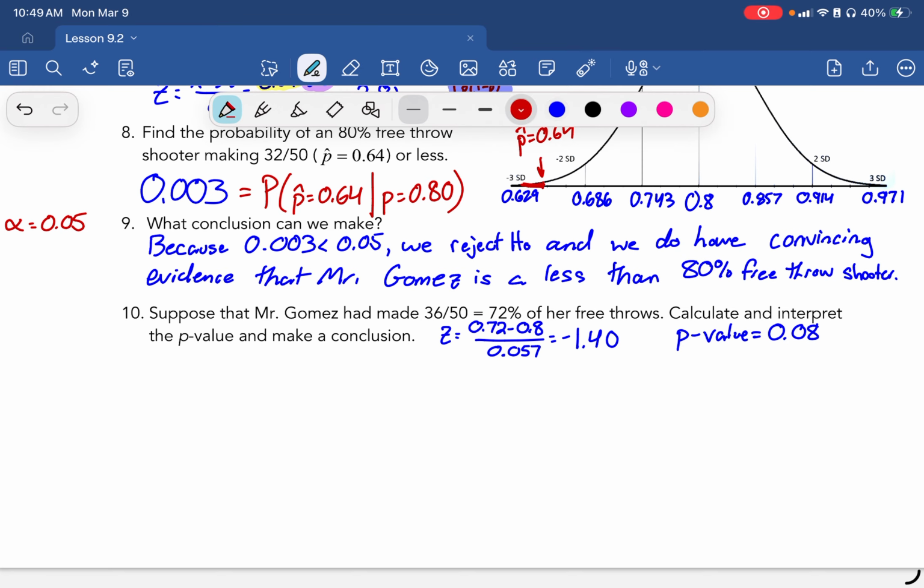Now, again, what we're going to do first is interpret the p-value.